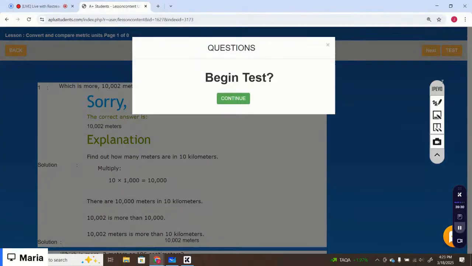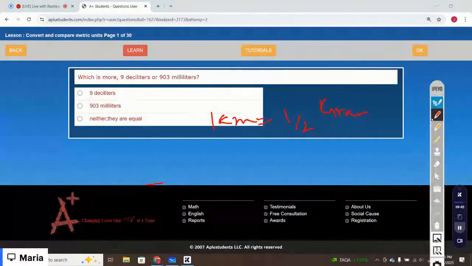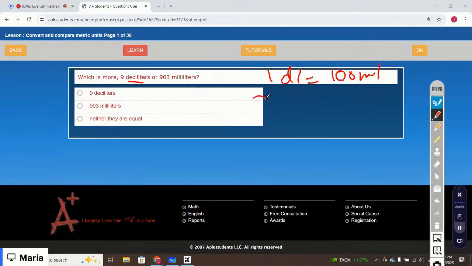Let's just start with the test questions. Which is more, 9 deciliters or 903 milliliters? Whenever you are comparing two things, they must be the same unit. Convert that deciliter to milliliter. So 1 deciliter equals 100 milliliters. 9 deciliters equal 9 times 100, that equals 900. So you have to compare 900 milliliters and 903 milliliters.